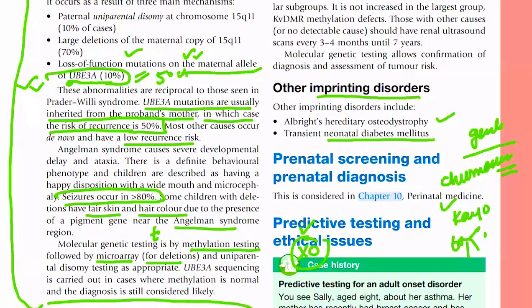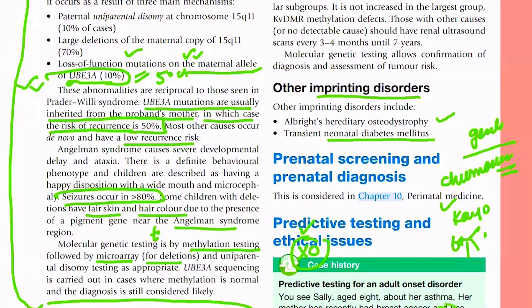For that, when I am suspecting a problem in chromosome number 22, FISH will be my modality of choice. Do remember, deletions and microdeletions we can come to know about by FISH analysis and by microarray analysis. And now the preferred modality for all of this is microarray.